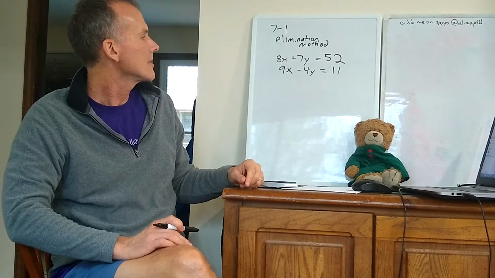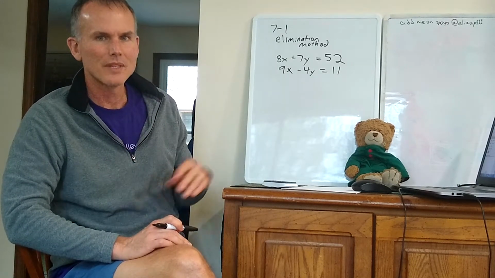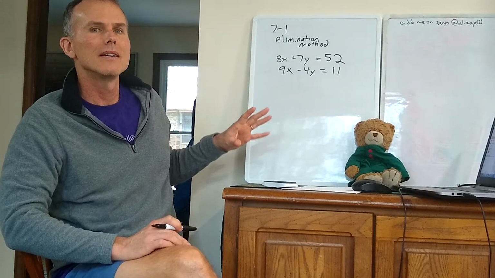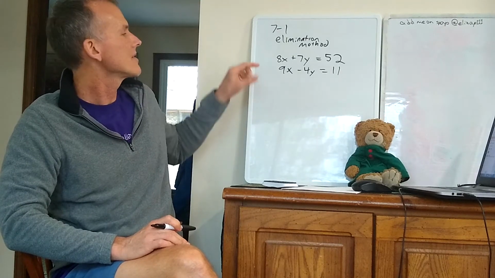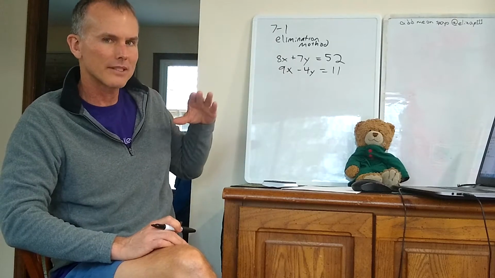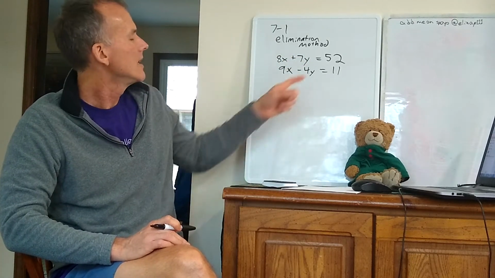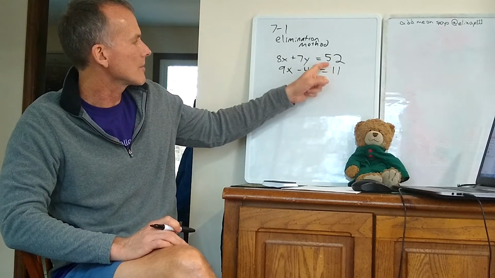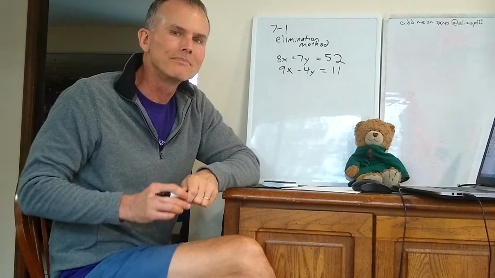Okay. So anyway, now the elimination method works best when you have two linear equations that are in standard form. Another way to say that is if the terms with x in them are stacked up on top of each other, the terms with y in them are stacked up on top of each other, you've got your equal signs stacked up, and then your constant terms, the terms without a variable at all, are also stacked up.